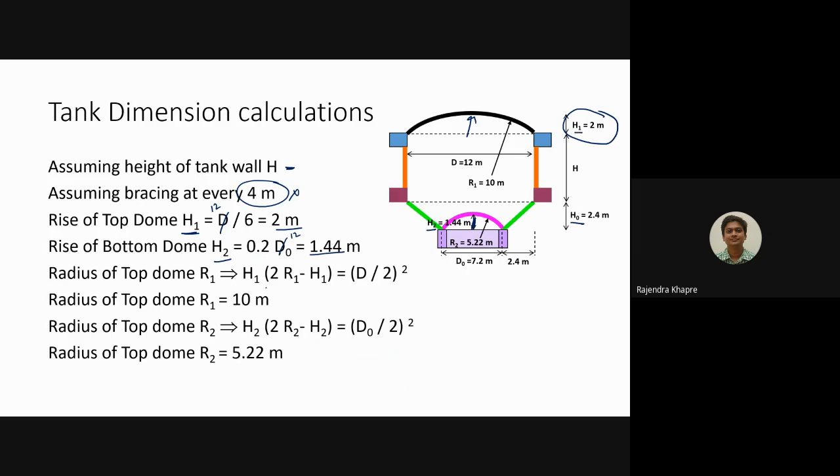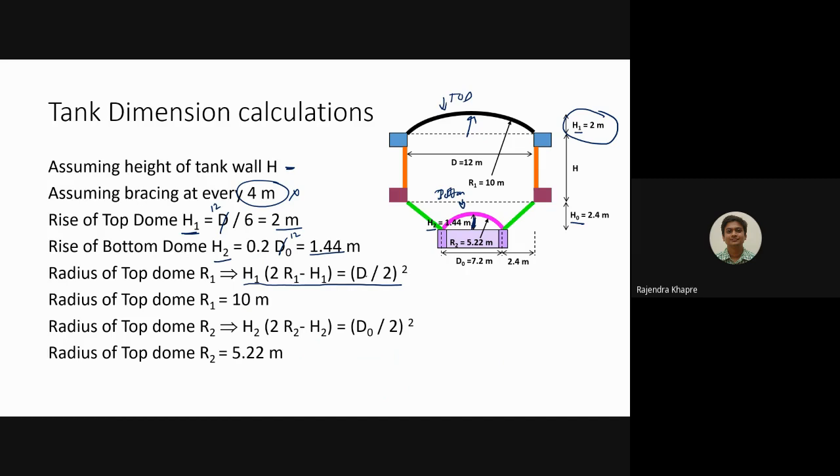Since there are two domes, the top dome and the bottom dome, we have to find the radius of each. To calculate the radius of the top dome and bottom dome, we use this expression: h into (2 times r1 minus h) equals (d by 2) whole square.